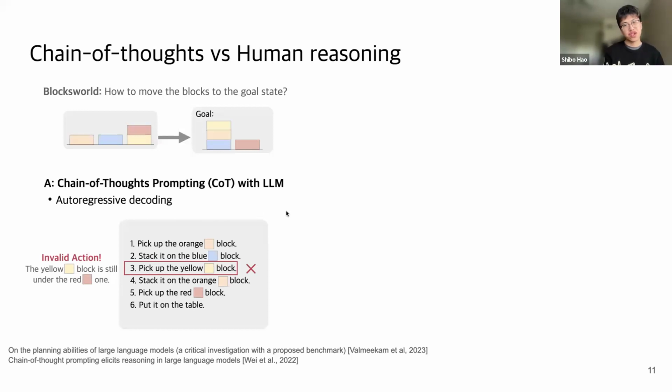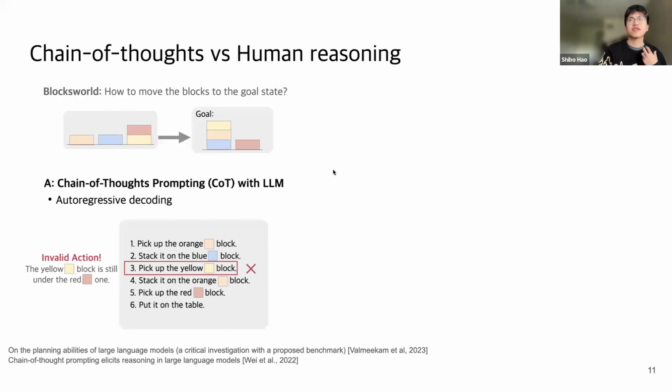This is because chain of thought cannot truly track the reasoning state, due to the nature of autoregressive decoding. At each step, the only condition for the language model is all the previous steps.